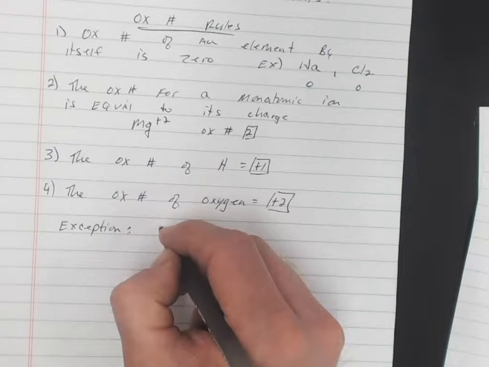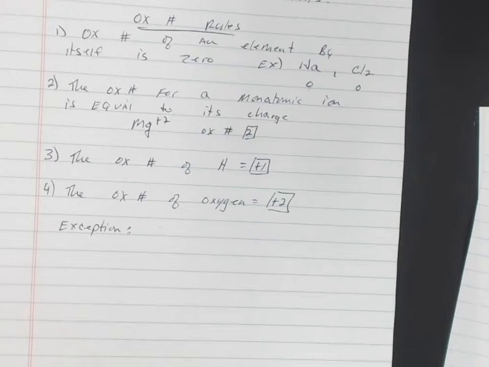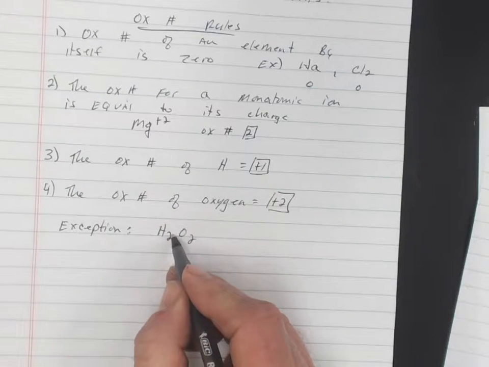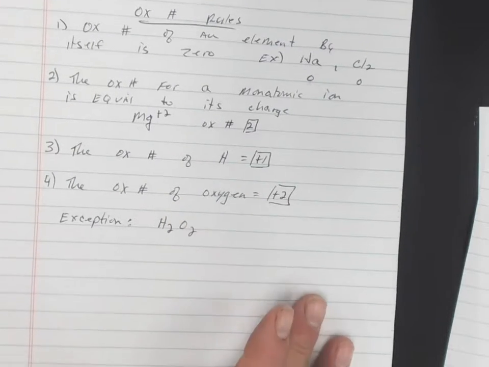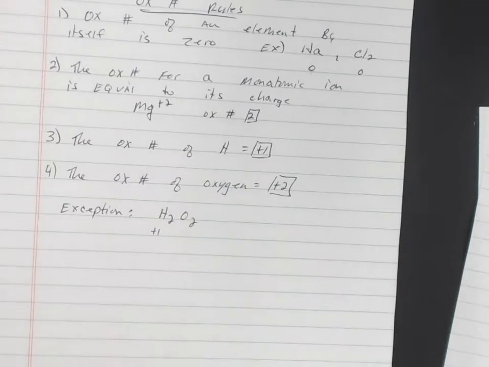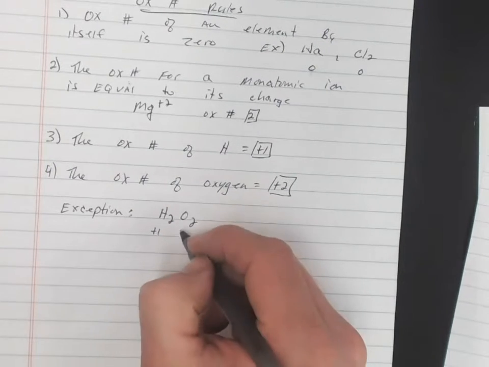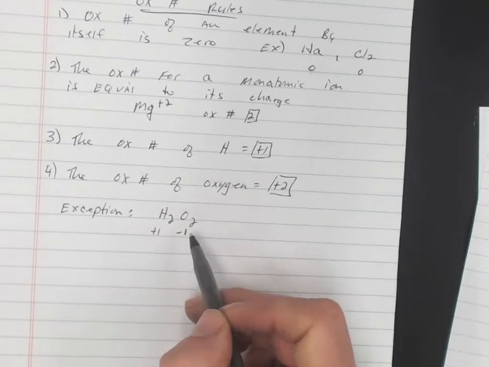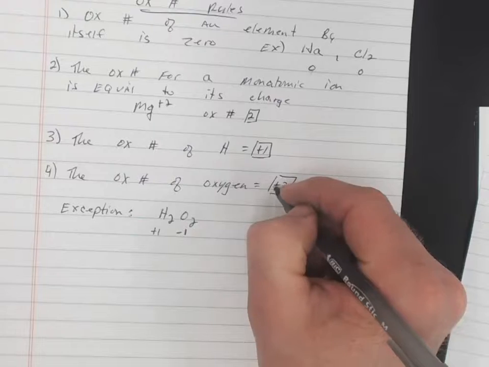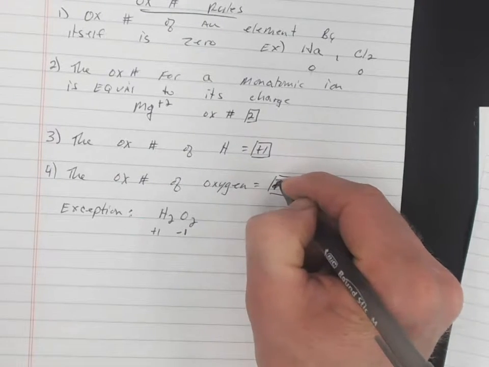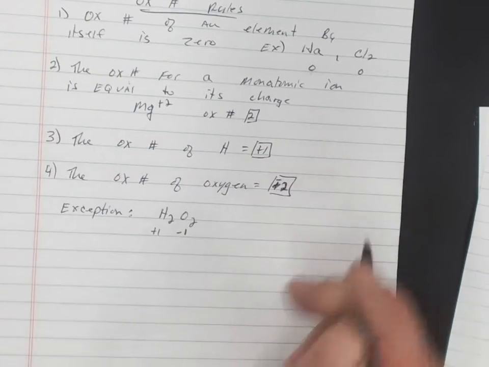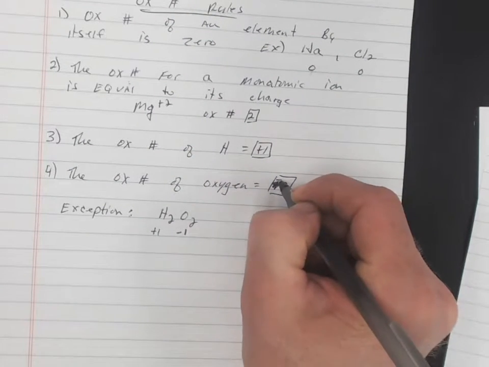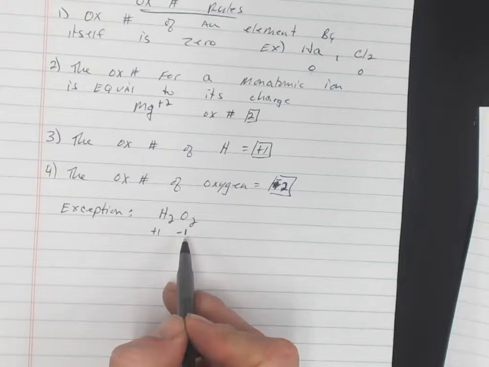When you have a molecule that contains what's called a peroxide, which is an O2 found within a molecule, each of the hydrogens are plus 1, but in this case, the oxidation number of each oxygen is negative 1. I misspoke here. The oxidation number of oxygen is negative 2, not positive 2. In a peroxide is the exception, and it is negative 1.